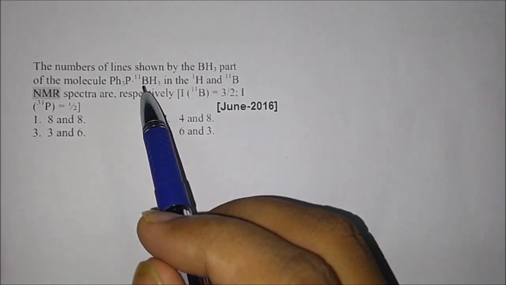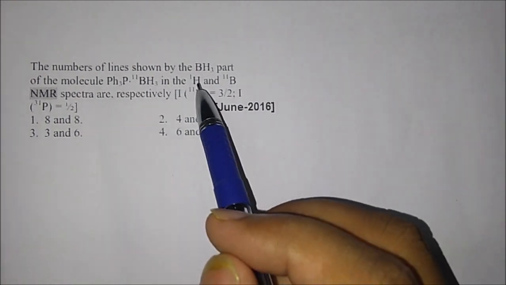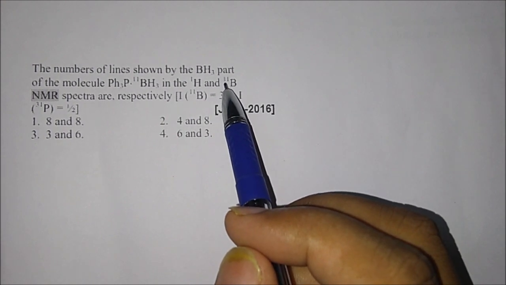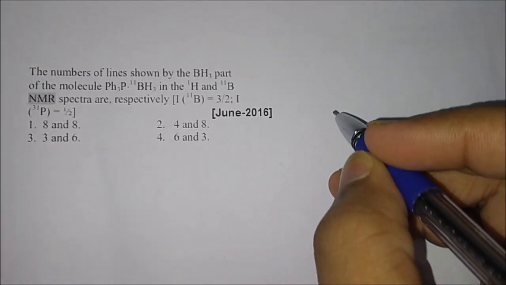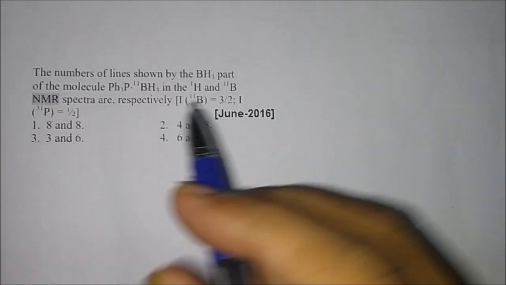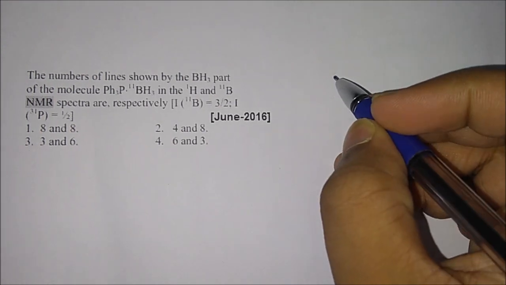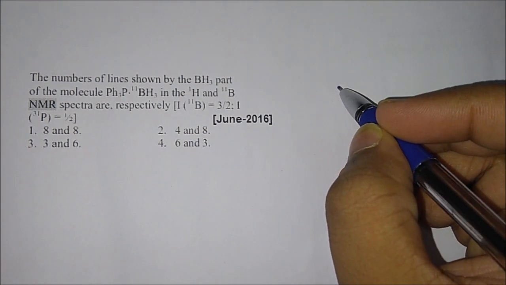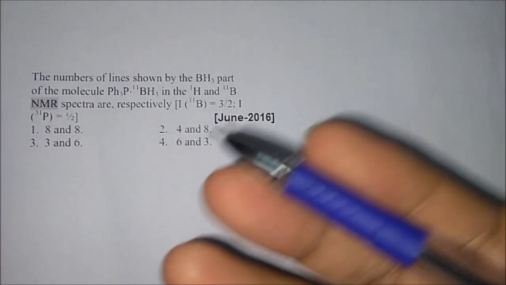Alright, so it's asked what will be the NMR shown by BH3 part of it in the proton NMR and B11 NMR. Now see, this is different from phosphorus NMR, but the thing is the same. Like here the 31P NMR is not asked, but the things will be the same only. So I am just taking this question so that I can explain it.